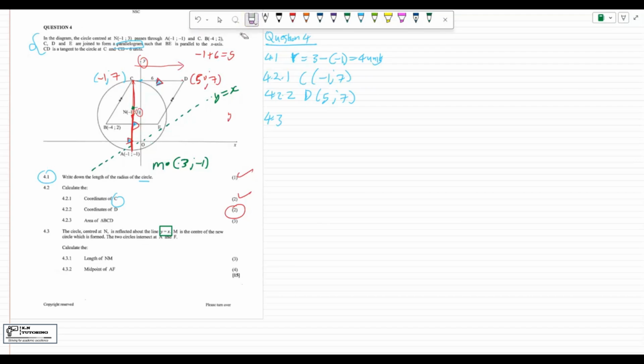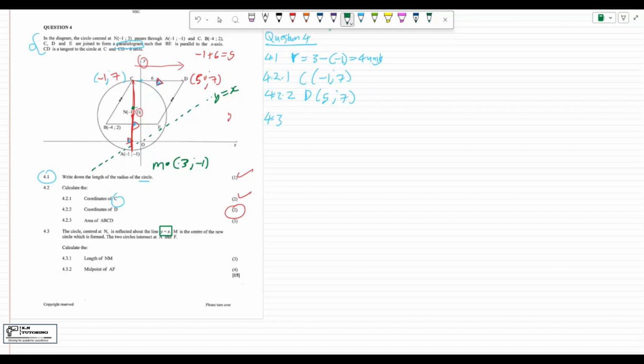Actually, I don't need to show this line, I just wanted to show you earlier. So our new circle's center is at 3 and -1. It was just reflected. It was not enlarged, it was not reduced. So it still has the same radius.